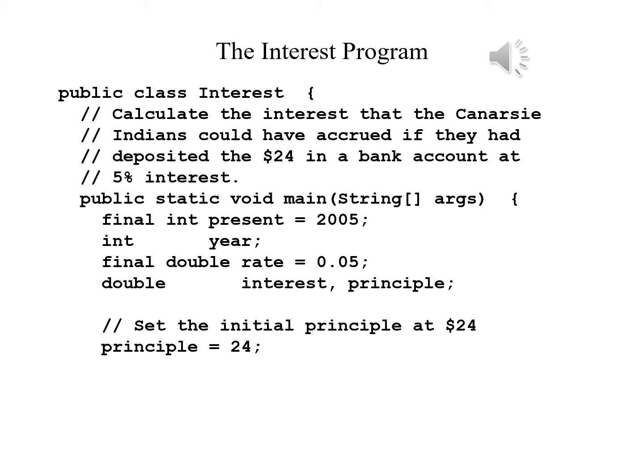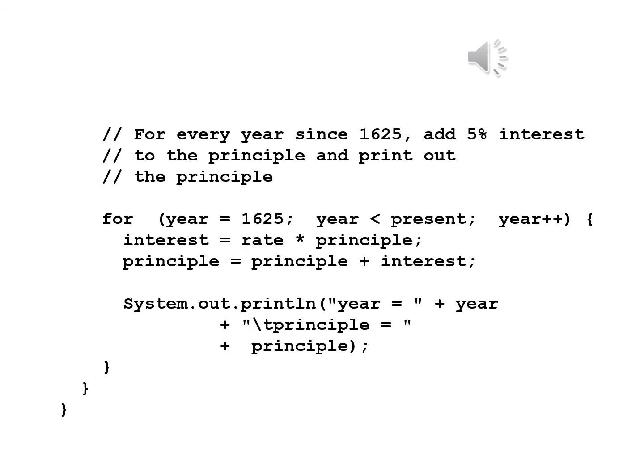And the first executable statement in the program, we set the initial principal at $24 by writing principal equals 24 semicolon. Before we begin the loop, we write as a comment, for every year since 1625, add 5% interest to the principal and print out the principal.